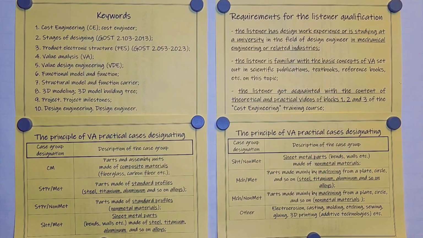In one of the first videos of the course Cost Engineering called Channel Overview, we have already introduced a designation for such a specialist, sounding like a cost design engineer or a cost engineer of the first type.